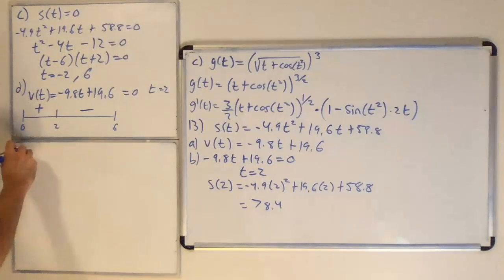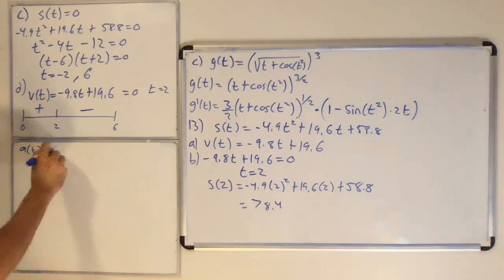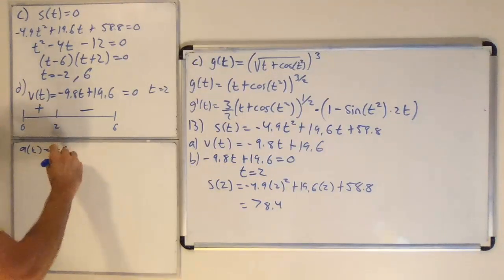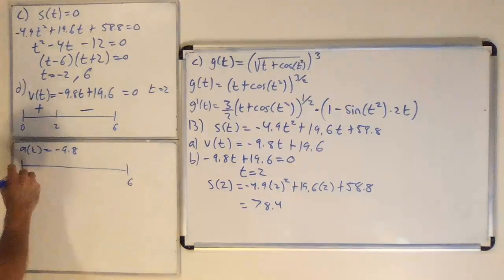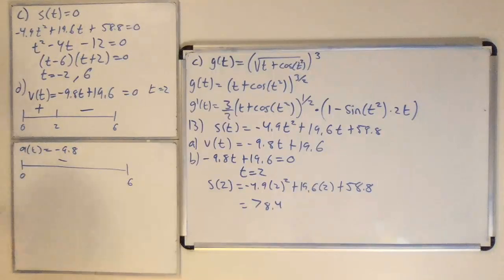We still need the acceleration. The acceleration is negative 9.8. It's always negative. So when are they in opposite directions? Well, our velocity is positive from 0 to 2, and it's negative after that. So from 0 to 2, our object is slowing down.